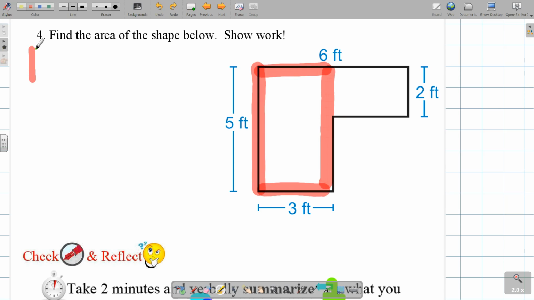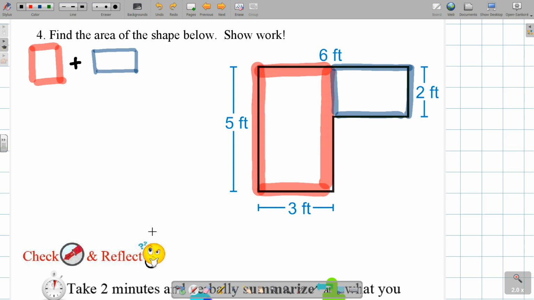And then what you do with those 2 separate rectangles, and I'm going to show you both ways, is you would add them up. So you could find the area of the 2 separate rectangles and add it up. So let's see that way.